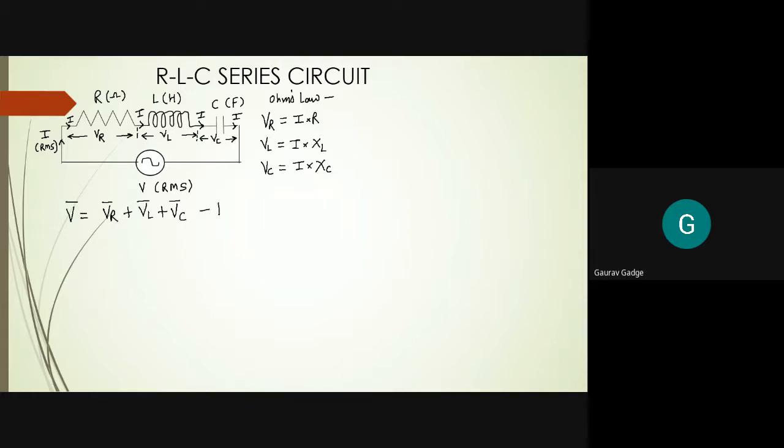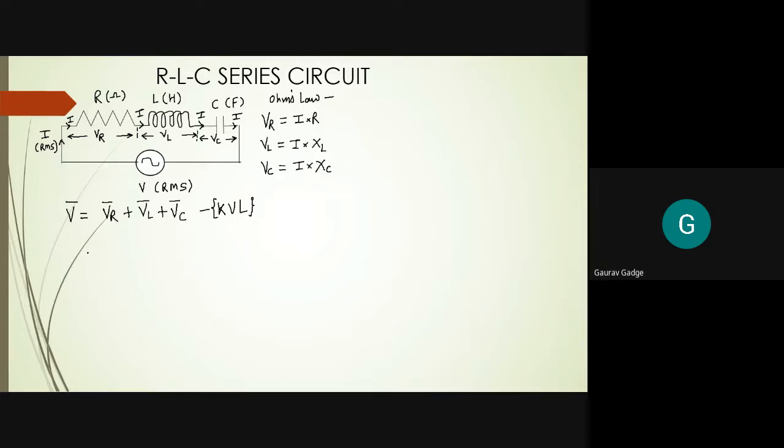The law we are applying here is Kirchhoff's voltage law, KVL. Therefore the vector sum of all three voltages is the total or resultant voltage V.